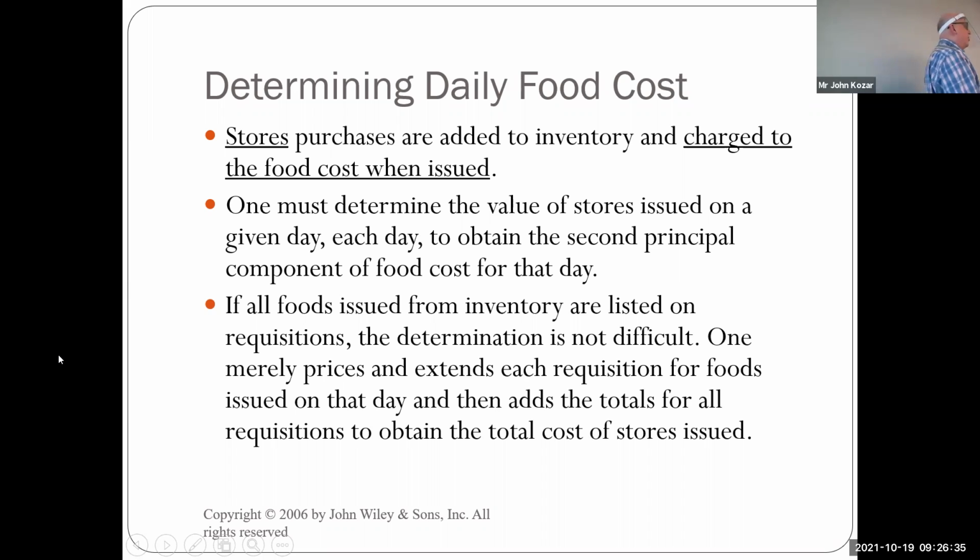The important thing here is that you have to have documentation. You have to have a storage facility that is secure so that not anybody can just walk in, take something, use it in the kitchen, or take it home with them, because you're never going to really know what happened to it.